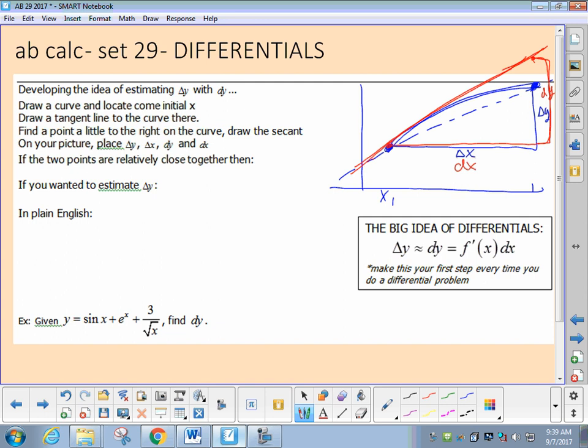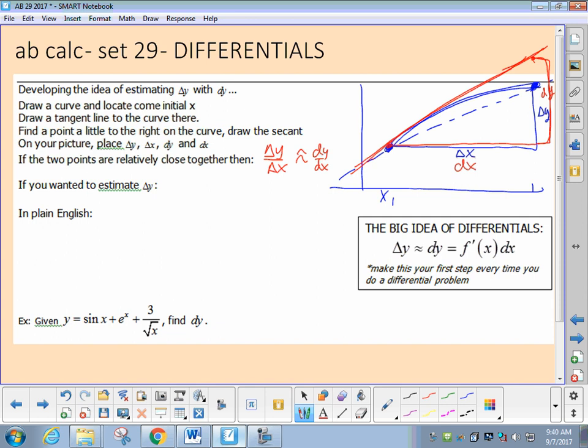All right, now consider this. If the 2 points are relatively close together, then the slope between that red line and blue line, they're pretty close. So we could say then that the slope of the secant line, which is true change in y between points over true change in x, is pretty close to dy dx.